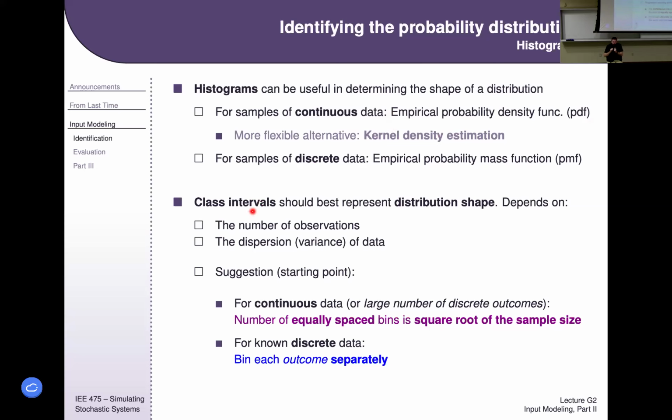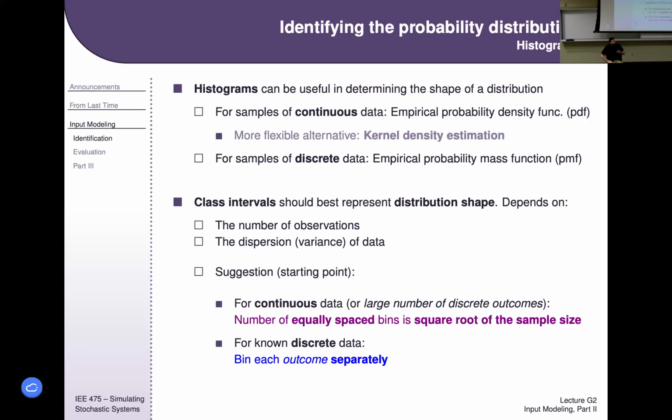So how do you choose your class intervals? For continuous data, the good rule to start with is that the number of equally spaced bins is the square root of the sample size. So if there's 100 samples, choose 10 bins. You just take the square root of how many samples, and that's how many bins you equally distribute across the observable range.